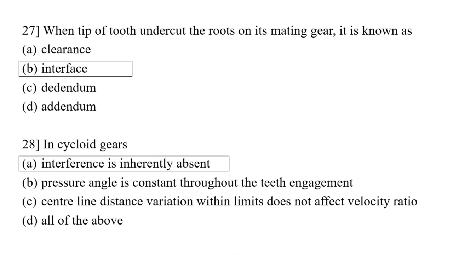So the correct option for this cycloidal gear is interference is inherently absent. In involute gear there may be chances of having interference. For avoiding that interference, we use a minimum number of teeth on pinion and wheel. But in case of cycloidal gear tooth profile, interference is inherently absent. It is generally not present for the cycloidal gear.